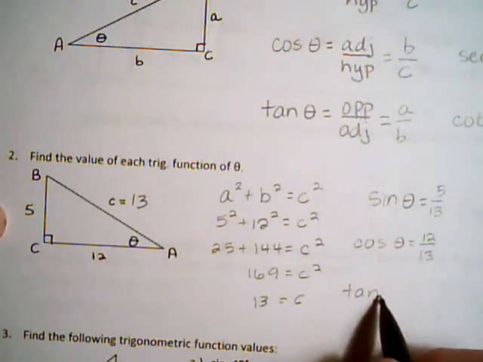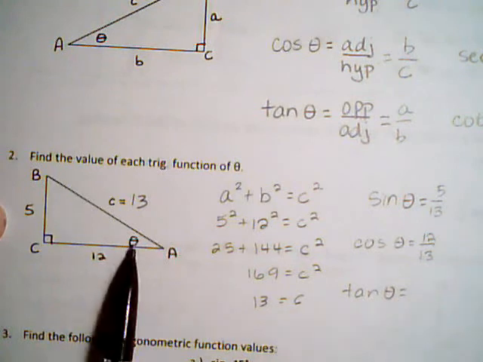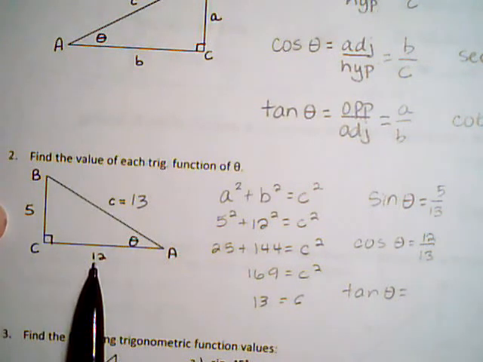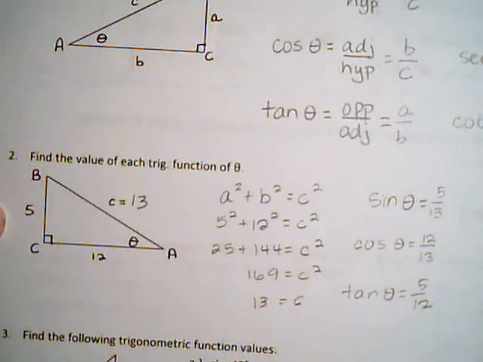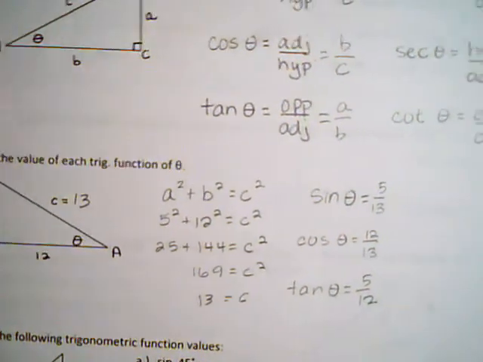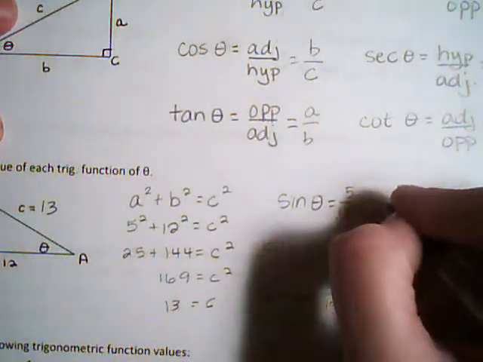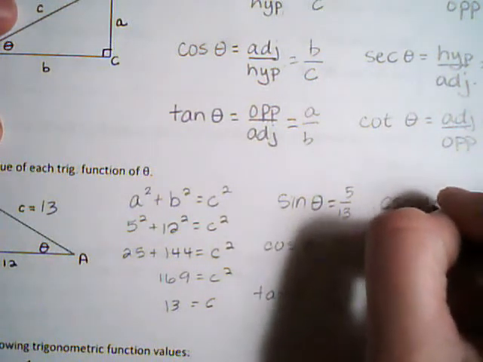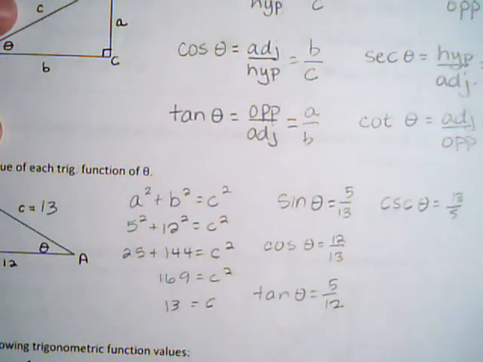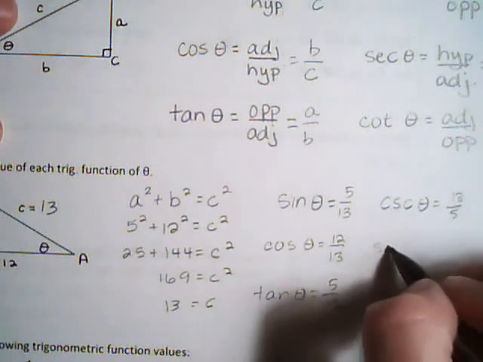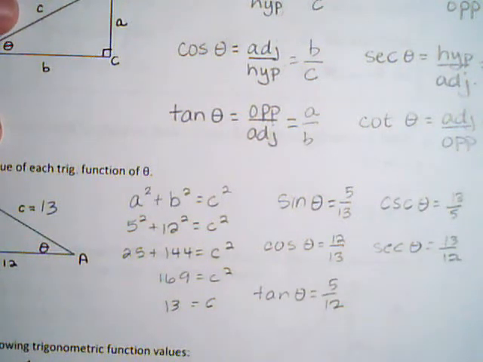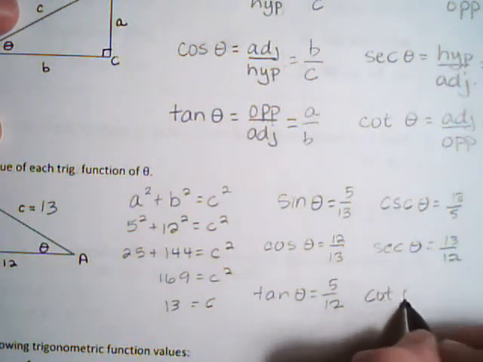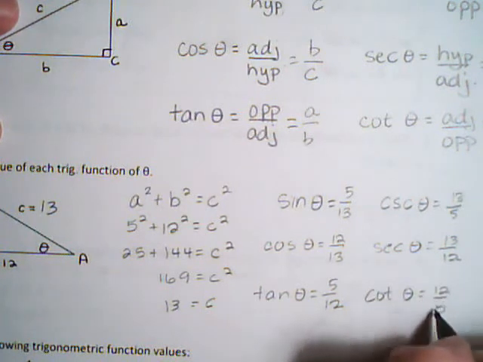And the tangent of theta would be opposite over adjacent, so 5 over 12. And then if it asks you for the reciprocals, the cosecant of theta would be 13 over 5, the secant of theta would be 13 over 12, and the cotangent of theta would be 12 over 5.